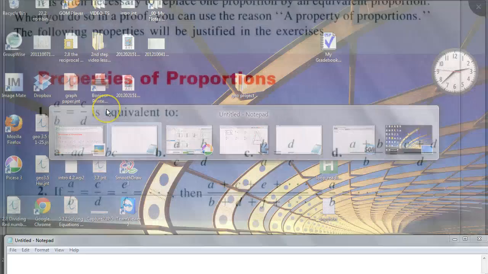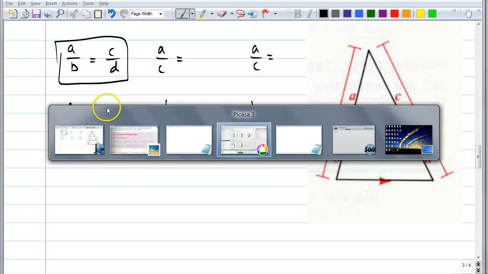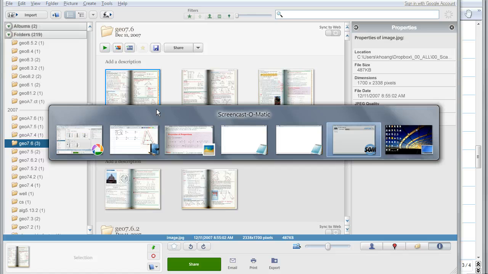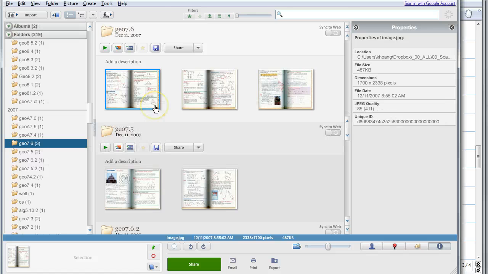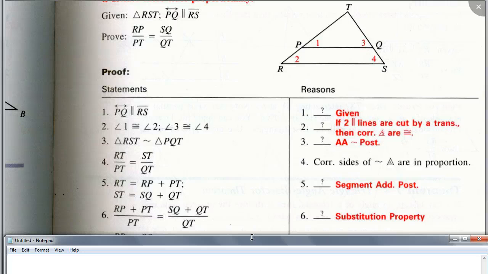So let's go back to where we were. If I can find it. Give me a sec. Here we go. So from here, what can we say next? Using that property of proportion, that part D, what can we say here? Jet, what are we going to say?